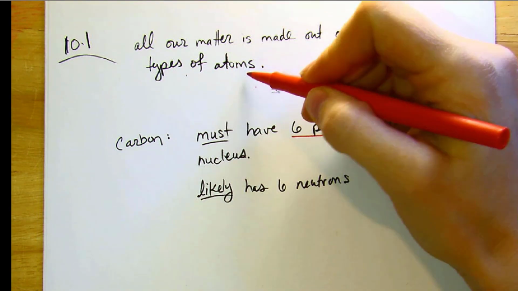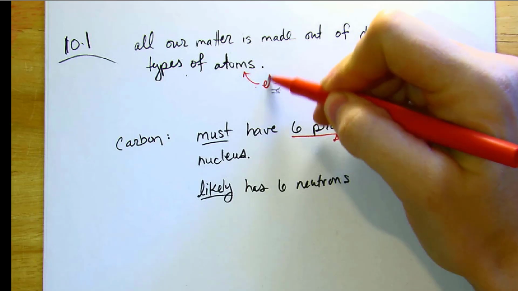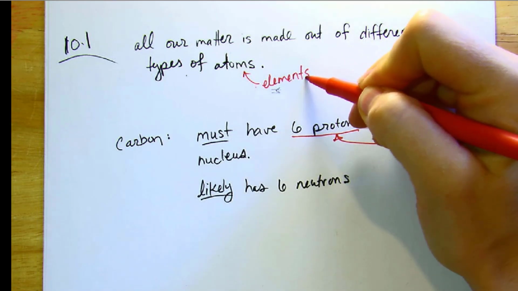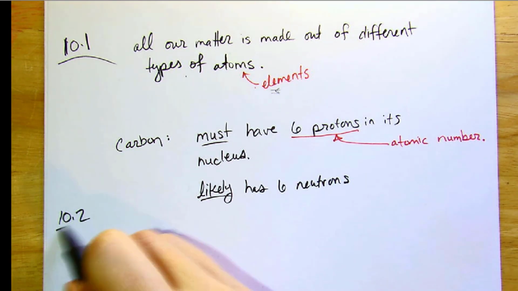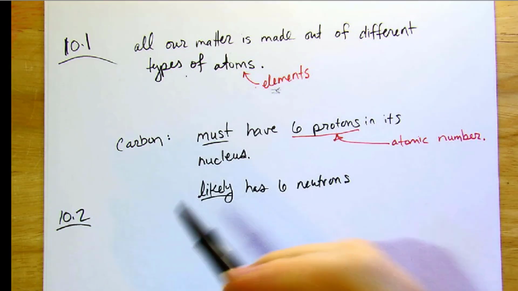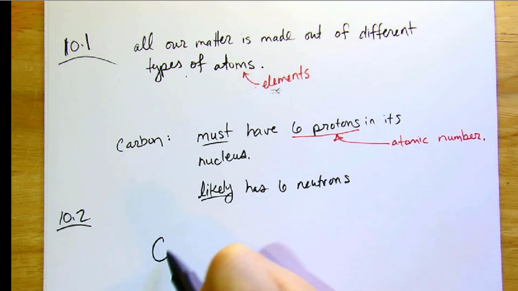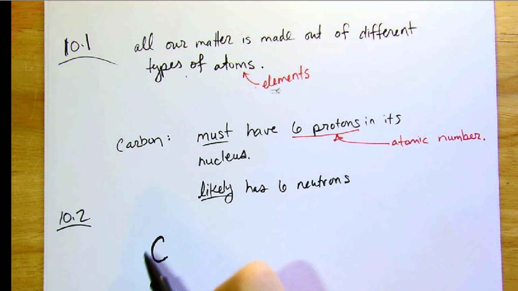And instead of atoms, I could have also written elements. That's just a redundant way of saying it. Now I think I'm wandering into section 10.2. So the symbol for carbon is just going to be a capital C. And the atomic number gets written down here. And these are redundant, right? Because if it has 6 protons, it is carbon.